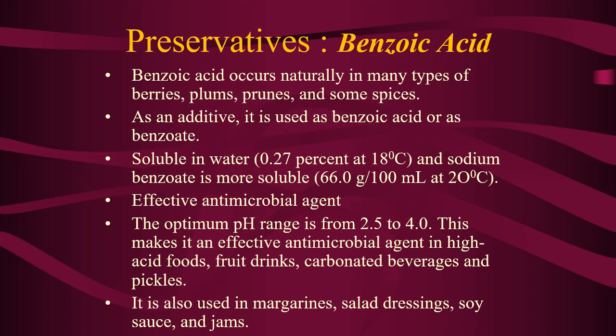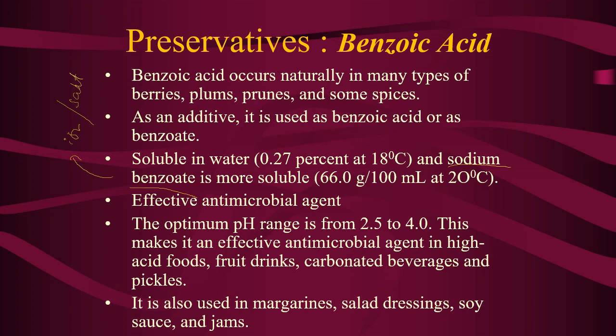Benzoic acid is soluble in water: at 18 degrees Celsius, around 0.27% solubility, while sodium benzoate is more soluble, around 66 gram per 100 ml at 20 degrees Celsius. Sodium benzoate is a salt, that's why it is more soluble in water compared to benzoic acid.